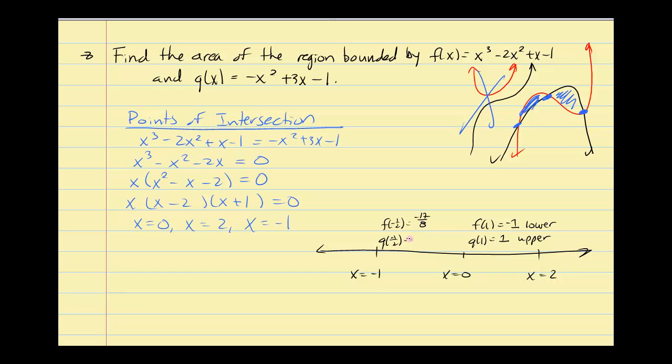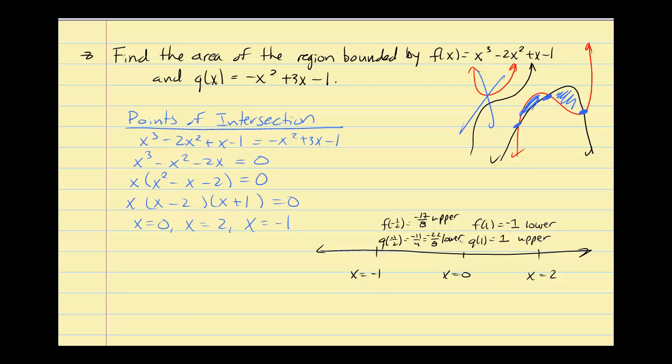If I plug a negative 1/2 into my g function, I get a negative 11/4. Now in terms of a common denominator, that would be a negative 22/8. So this one, my f function is higher, so it's my upper, and my g function has a smaller value, so it's my lower function.